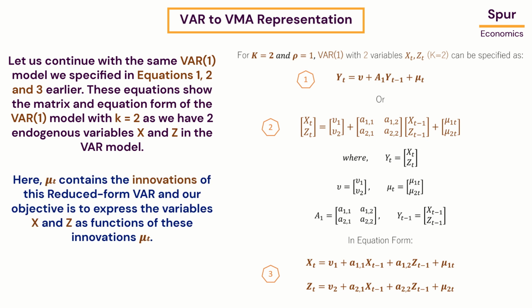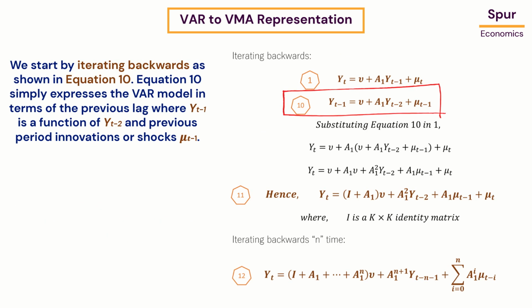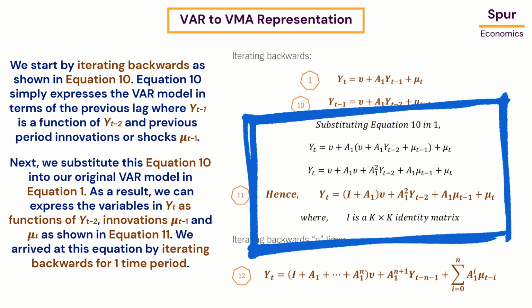Here, mu-t contains the innovations of this reduced form VAR, and our objective is to express the variables x and z as functions of these innovations. We start by iterating backwards as shown in equation 10. Equation 10 simply expresses the VAR model in terms of the previous lag, where yt-1 is a function of yt-2 and previous period innovations or shocks. Next, we substitute this equation 10 into our original VAR model in equation 1.